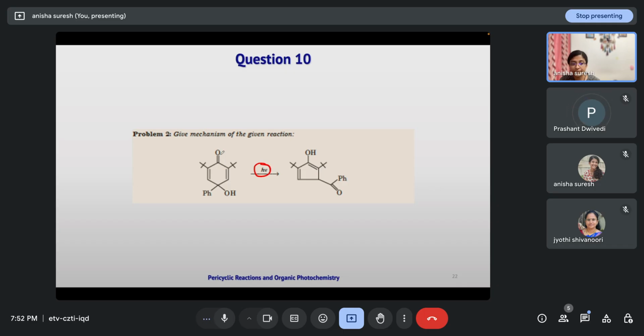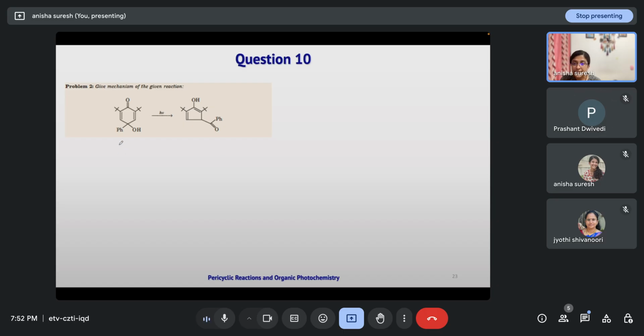Okay. So I will draw the mechanism under h nu. Then what will happen?